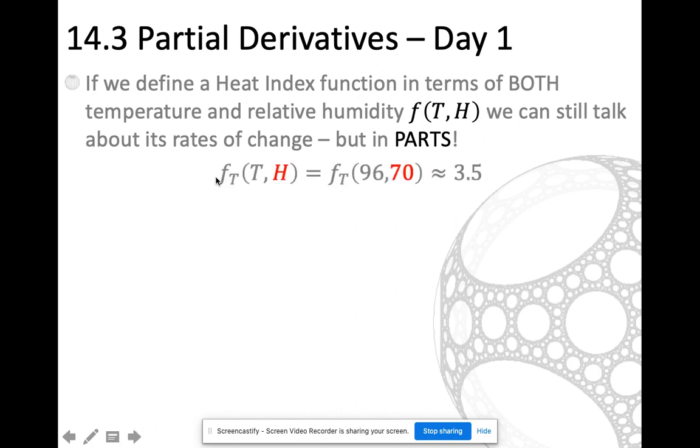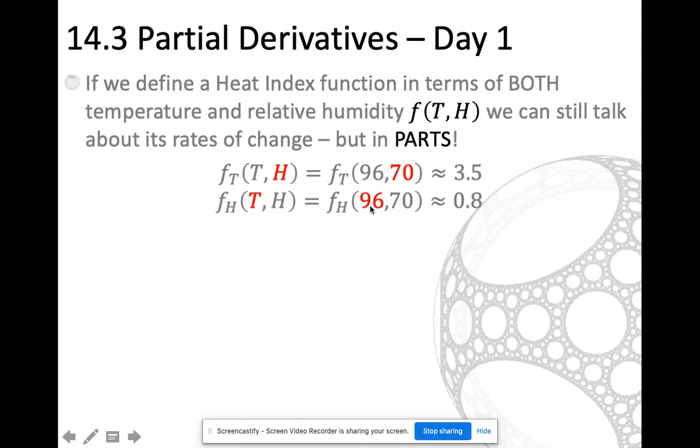So the rate of change of temperature when the relative humidity was held constant, you estimated that at 96 when the humidity was constantly 70%, and we estimated 3.5. Then I said, what about holding the temperature constant? What is the rate of change when the temperature was constant?